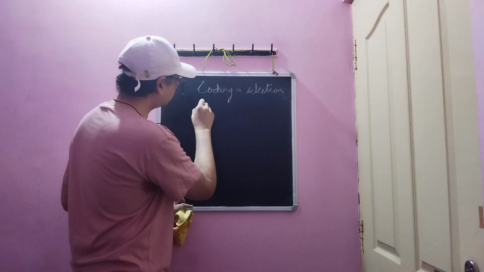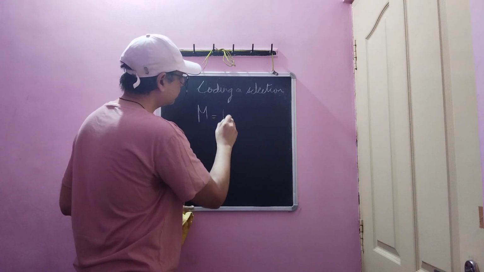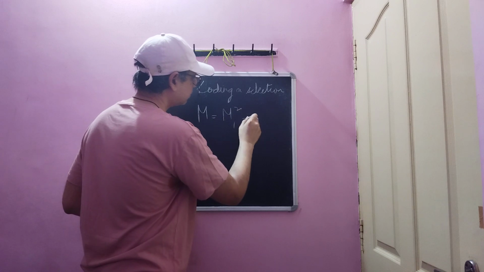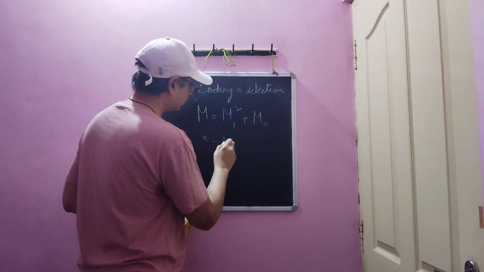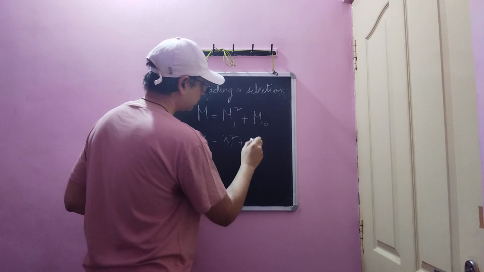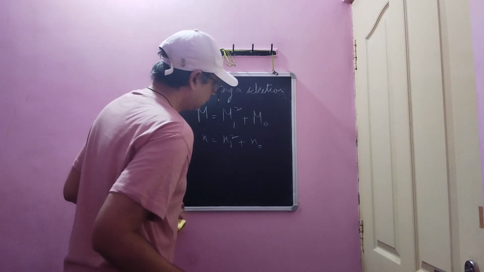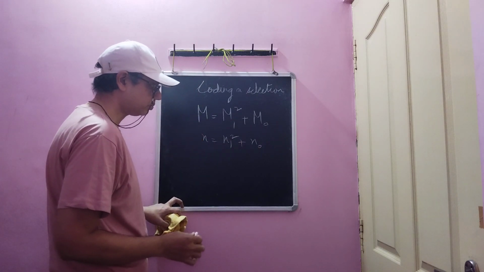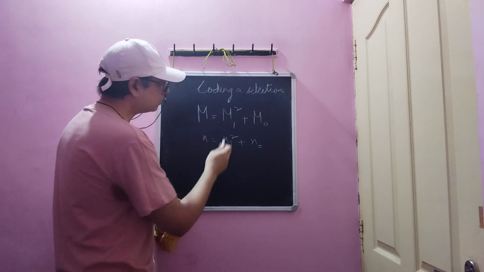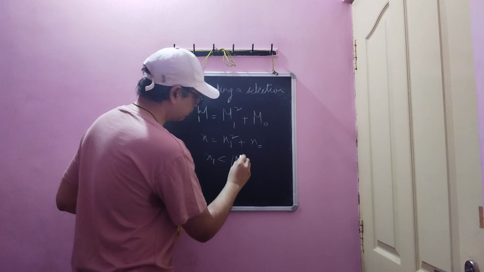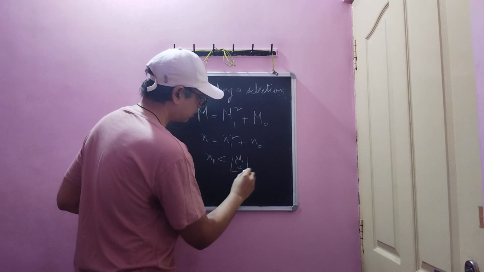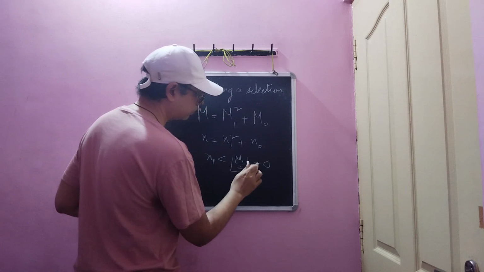If we express m as m1 square plus m0, and the number n itself as n1 square plus n0, then two possibilities arise. Either n1 is less than floor of m1 by 2, which will correspond to the case 0.